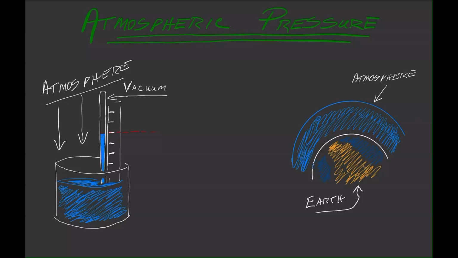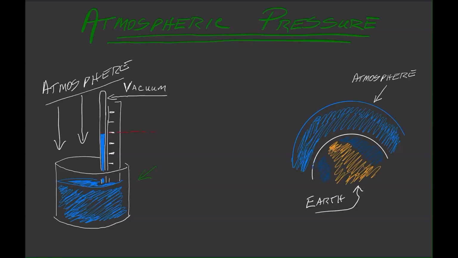We're going to look at something that's going to come back to us, and that's atmospheric pressure, and explain what we mean by atmospheric pressure. If I have a container full of mercury, open on top, and I put in a tube that has a vacuum at the top and press it down into the container, the pressure of the atmosphere will cause the mercury to rise to a certain amount.